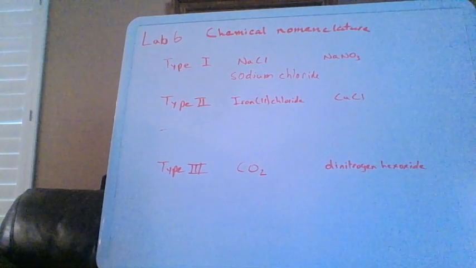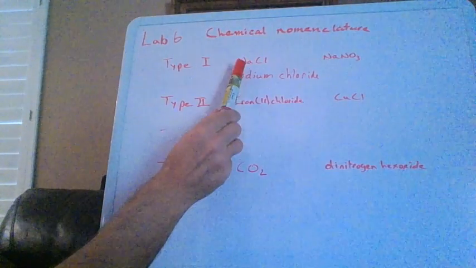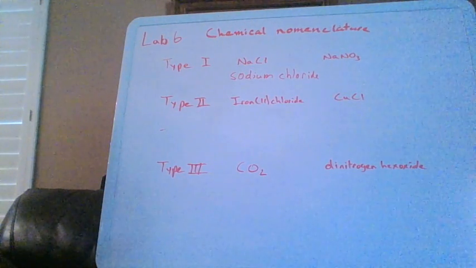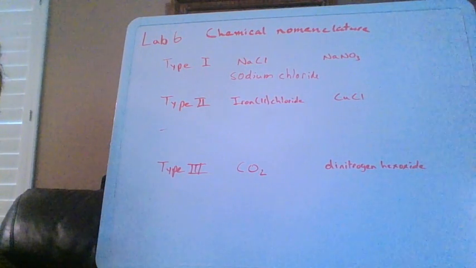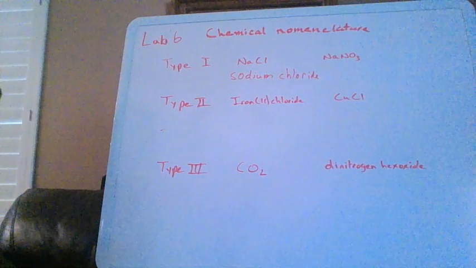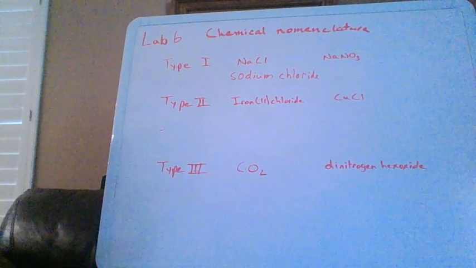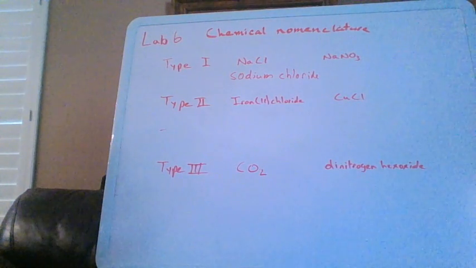And this is what we call a binary compound. A binary compound is when you just have 2 different elements put together. The other thing we saw were what were called ternary compounds, and those had a polyatomic ion in there, and so they had more than 2 elements.